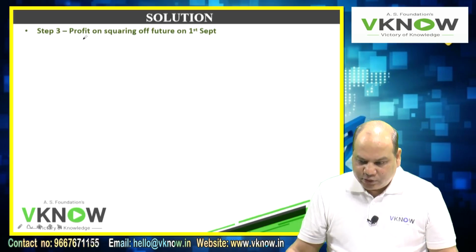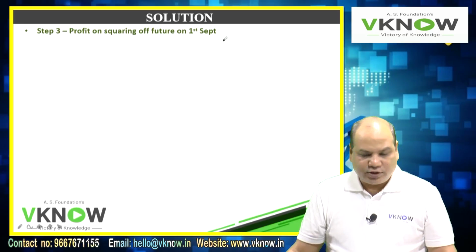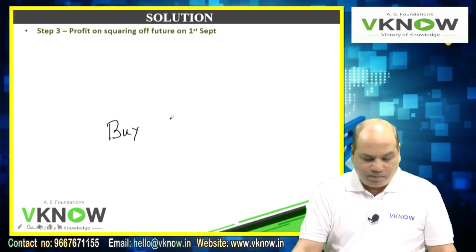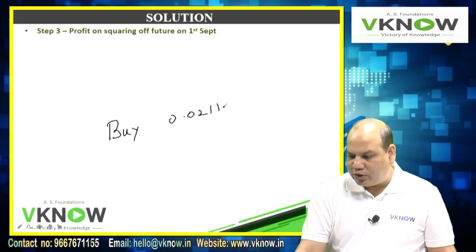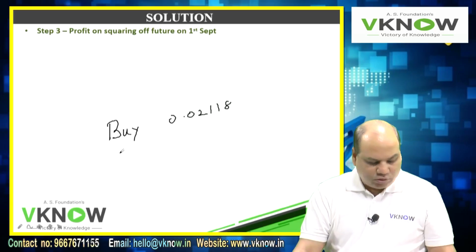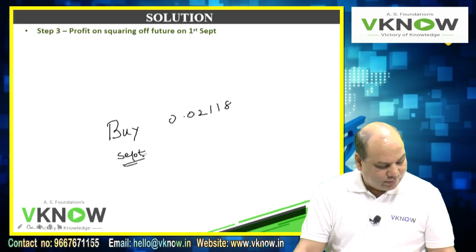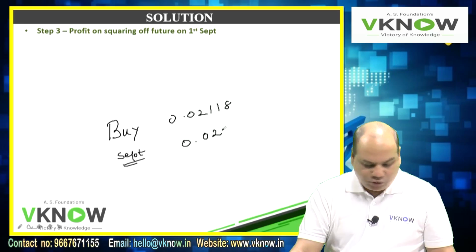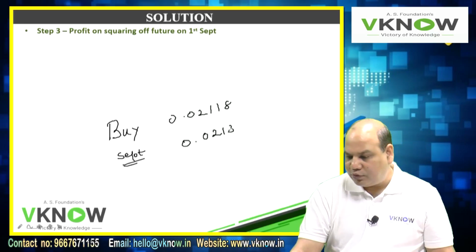Now step number 3 will be profit on squaring of future on 1st September. So we have bought future at 0.02118. In the month of September, the currency future is trading at 0.02134.